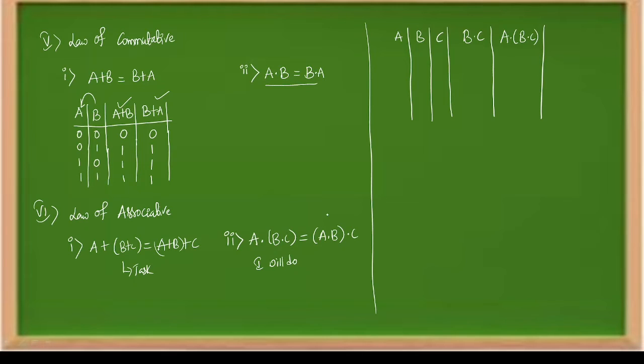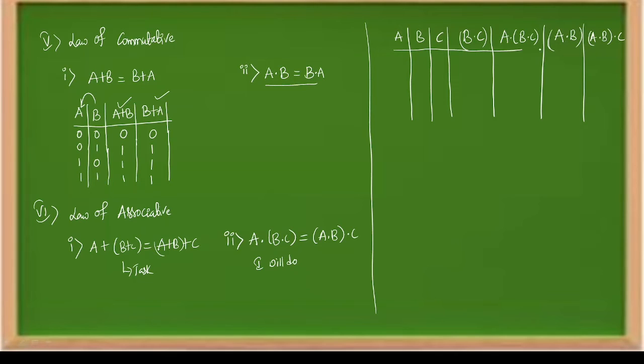And here on the RHS, I have A and B, so I need to consider A and B. First of all, I need to find A and B. Here I need to find B and C. And the last entry is A and B and C.